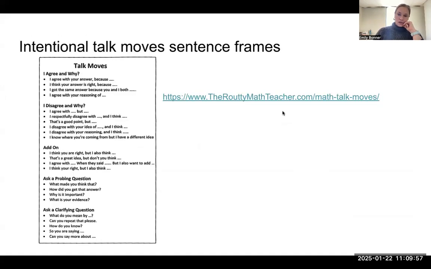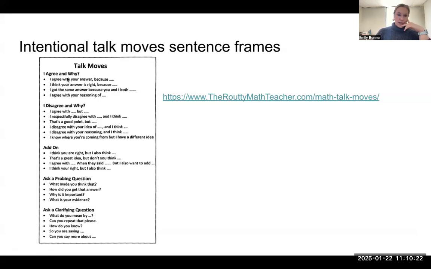This is another example with a link to a website that provided these sentence frames that relate back to these talk moves. They're some ways to say it that are a little different than what the book says, and I think this is really great. So can you repeat that? They're pretty easy to implement, and they make a huge impact. And these are things that students should use too.